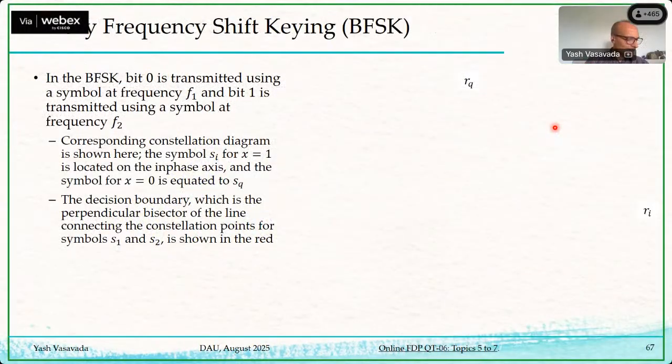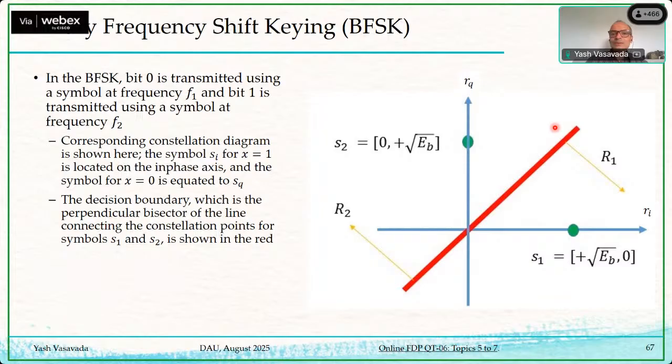There is another scheme that is called binary frequency shift keying, where bit 0 is transmitted using frequency F1, bit 1 is transmitted using frequency F2, and this F1 and F2 occupy orthogonal dimensions, and therefore the transmitted constellation looks like this.